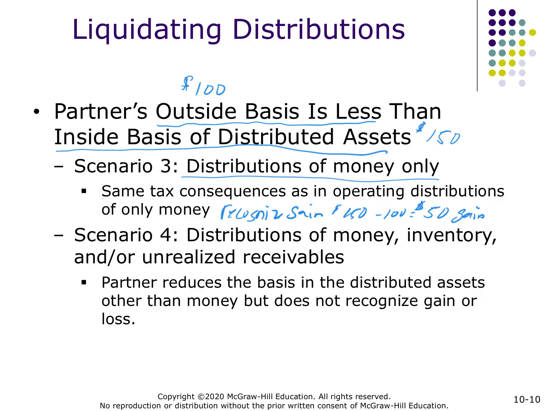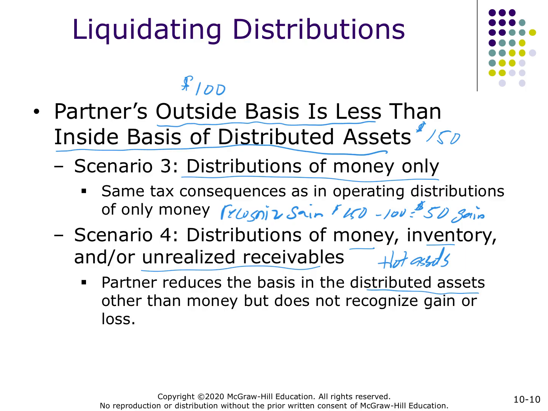Scenario 4, instead of just distributing money, you're distributing money, inventory, and or unrealized receivables. So what does that mean? You're distributing money and hot assets, okay? So you're going to reduce the basis in those distributed assets, not the money, okay? Just the distributed assets.